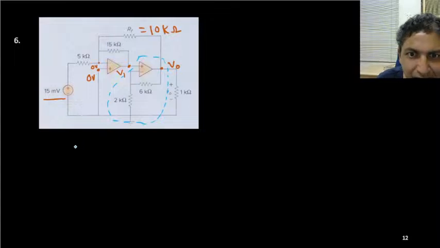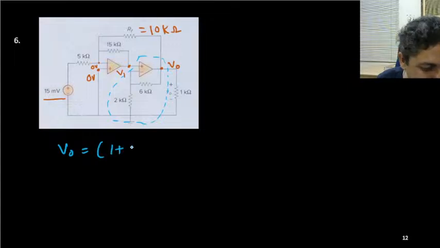So V0, the gain is 1 plus RF by R1. So what is the relation? V0 is how much times V1?